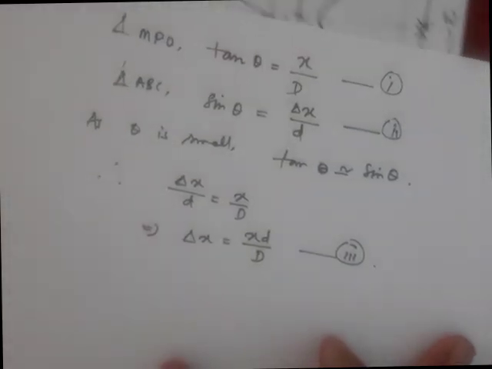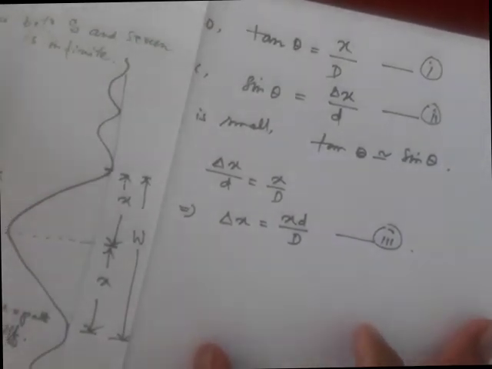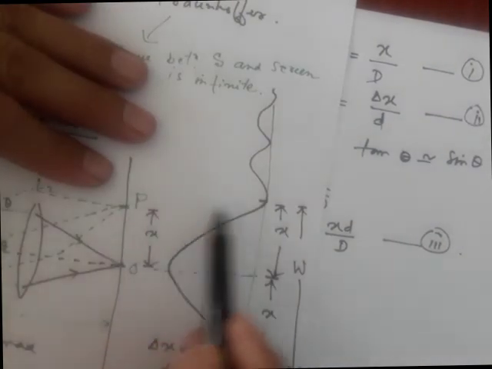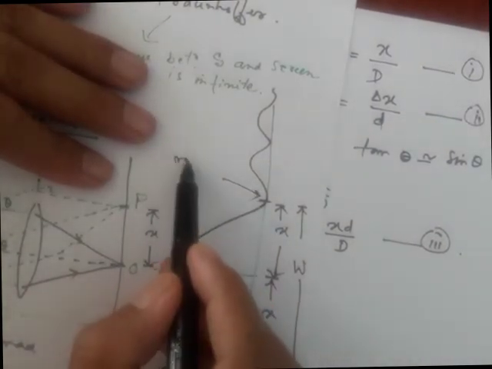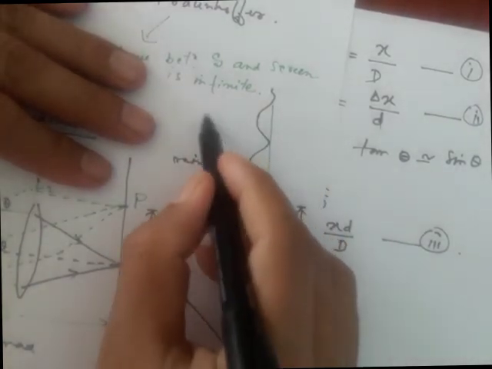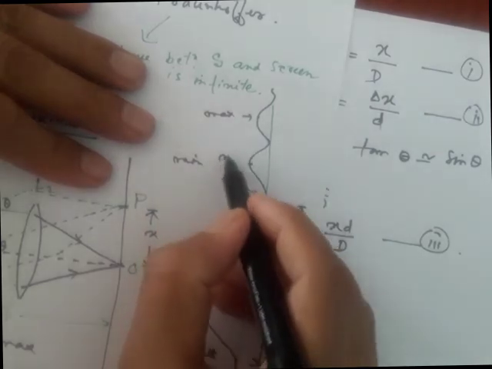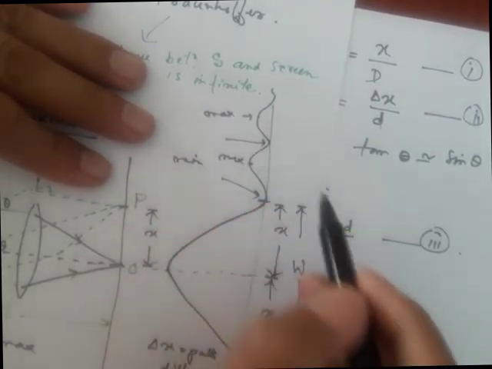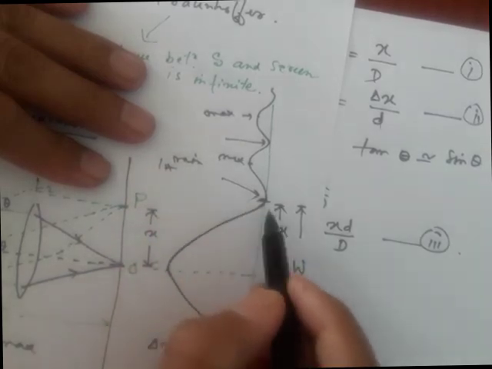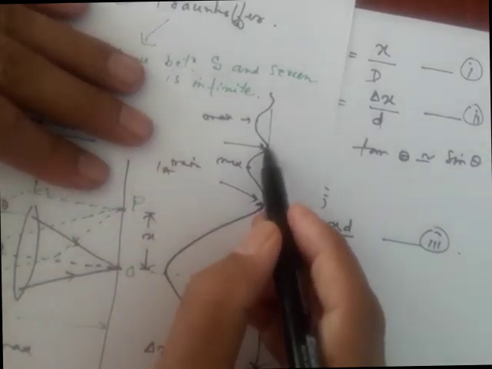Then we'll come to the figure again. We have taken this point P to be the minimum. This is the minimum point, and this is the maximum. All the peaks are maximum here, and these are the minima. So this is your first minima, this is the second minima, third minima, like that.